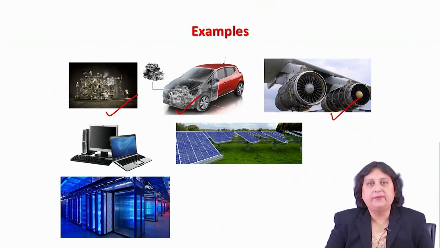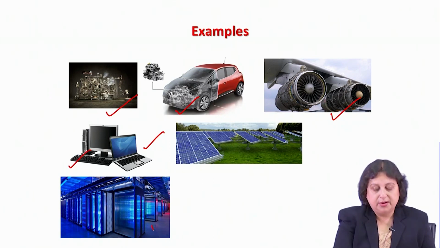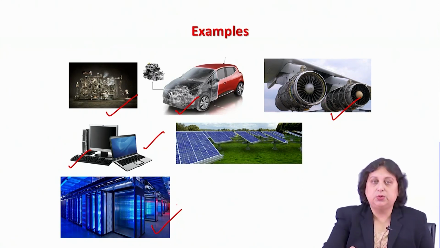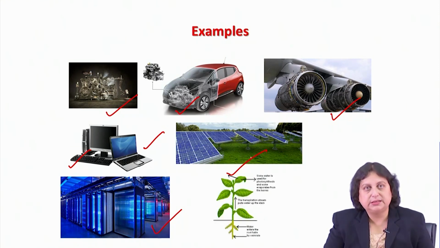We can also have macroscopic systems that we see these days, a laptop, a desktop computer, or a very large computing system or a supercomputer. We also see solar panels these days, which are useful for the conversion of solar energy into other forms of energy. This is also a macroscopic system whose properties can be studied in terms of thermodynamics.